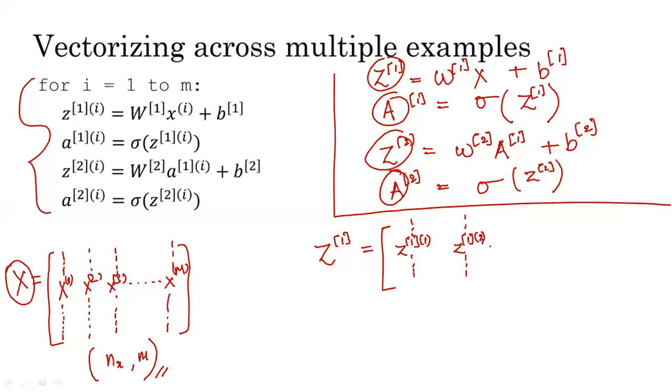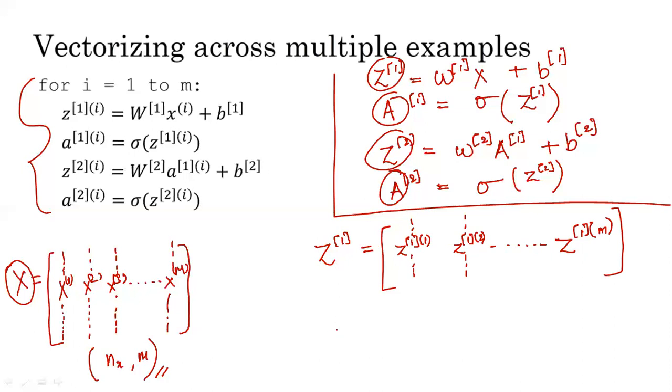And suppose I have m number of training examples, then I'll write here z square bracket 1 small m. So this is basically the vector representation of my z1.